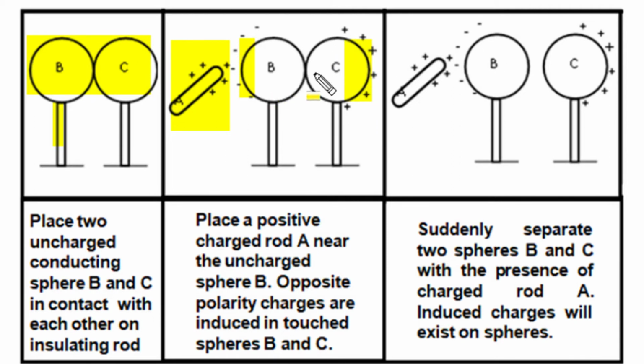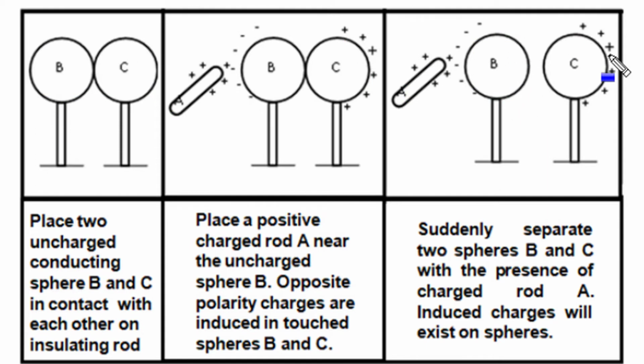Now if we gently separate these two spheres B and C, which are mounted on insulating posts, we will find that due to induction, sphere B will get negative charge, which is opposite to the polarity of the nearby charged rod, and the other sphere will get positive charge, which is similar to the nearby charged rod.